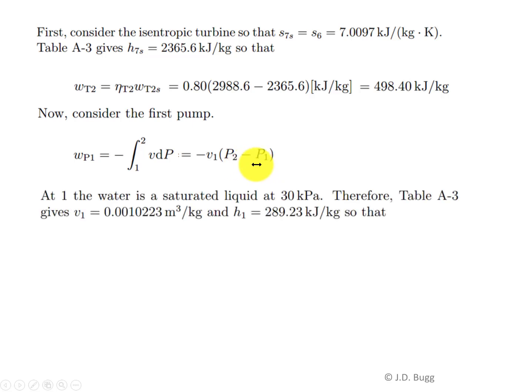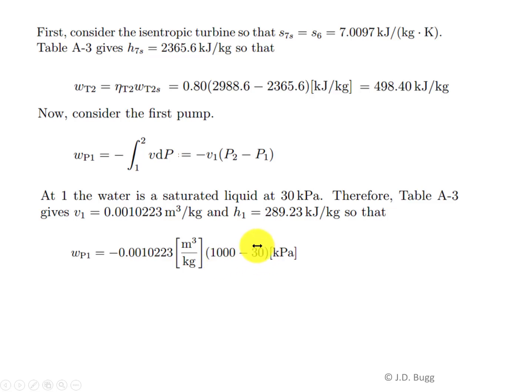And therefore, we can go to point 1 where we know it's a saturated liquid at 30 kPa and get the properties from A3. So the specific volume, 0.0010223, and the enthalpy, 289.23 kilojoules per kilogram.